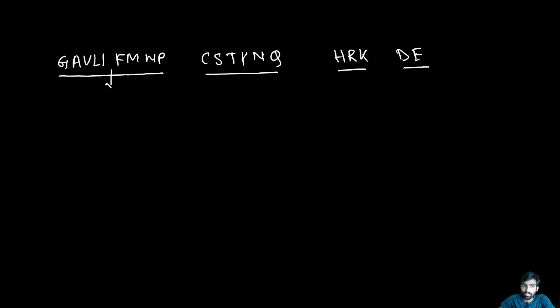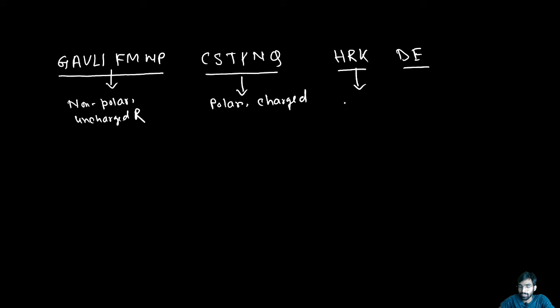Now the first set we classified under non-polar, uncharged R group. You remember the second we classified under polar, uncharged. The third we classified under positively charged amino acids, and the last under negatively charged.